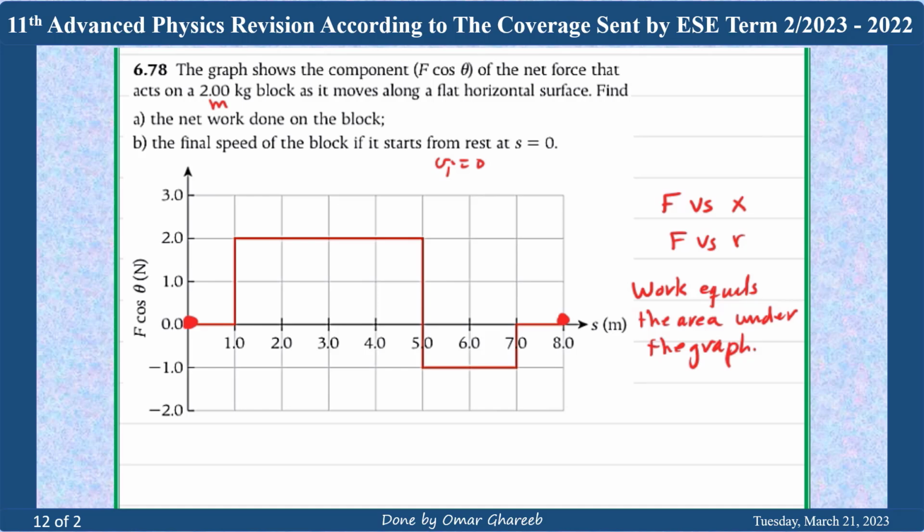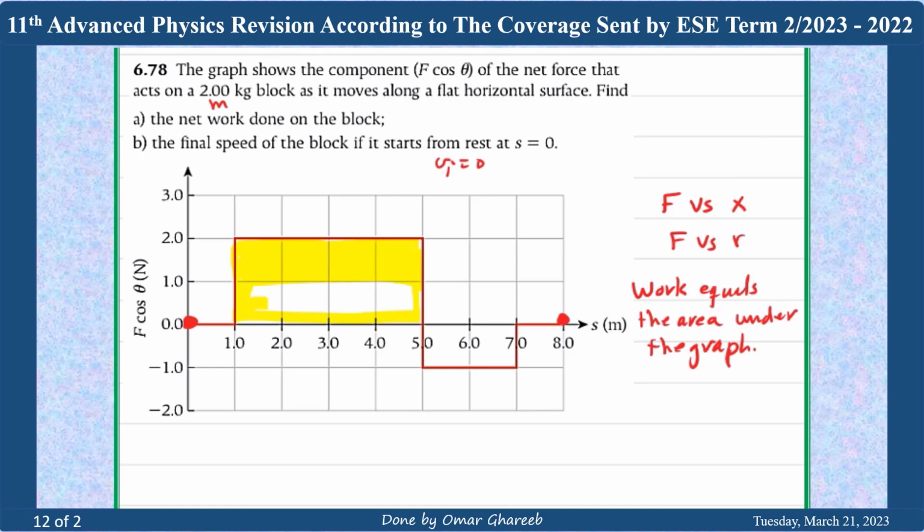So I try to split the graph into something that I can calculate. Here, if you note, we have two rectangles. This is the first one, the yellow one. This is a rectangle, and I can find its area.